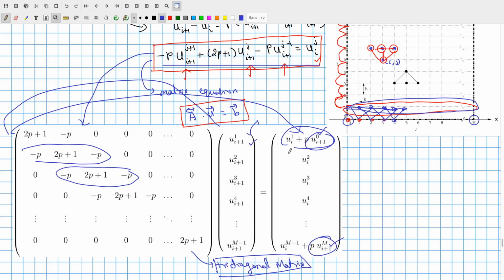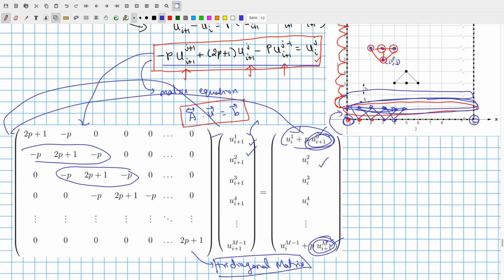For every grid point, this matrix has to be solved. First you start with your initial value that is given here, and with the boundary values rolled off to the other side, you solve for u of i plus 1, which will give you this time grid. Then you use this as your right hand side vector and solve for u of i plus 1.